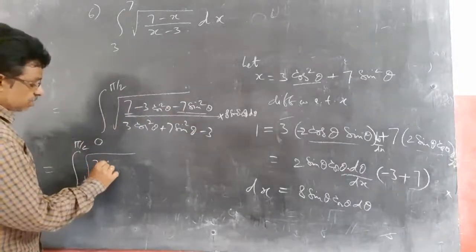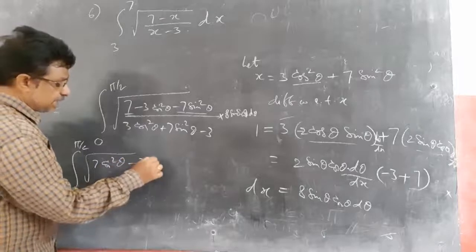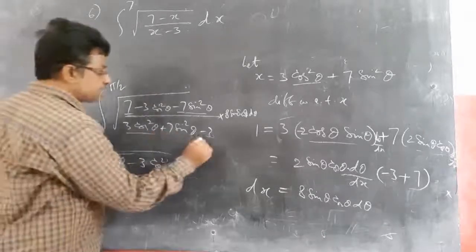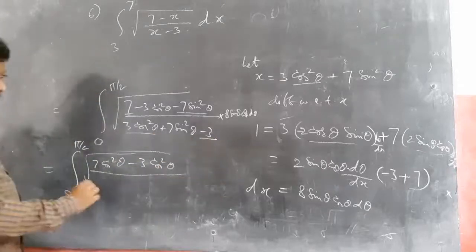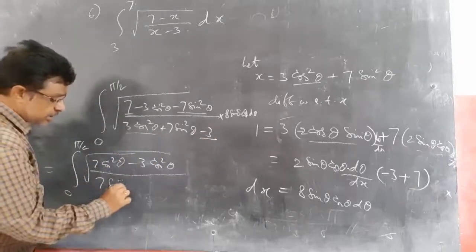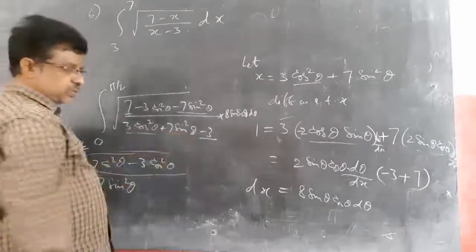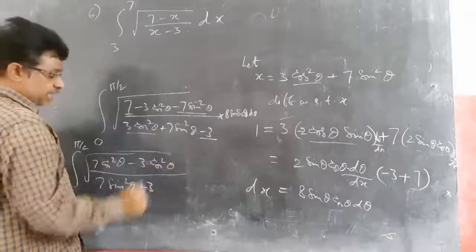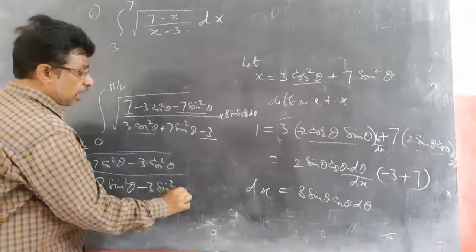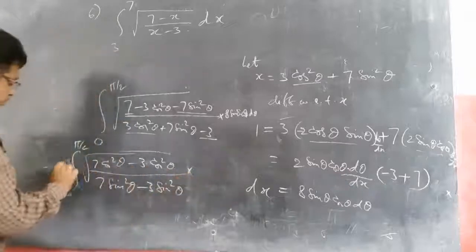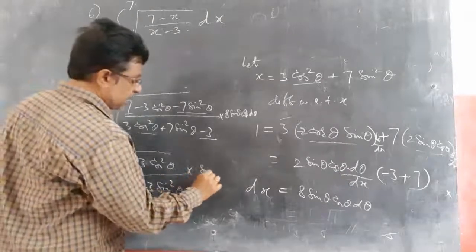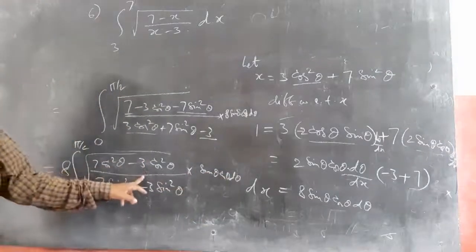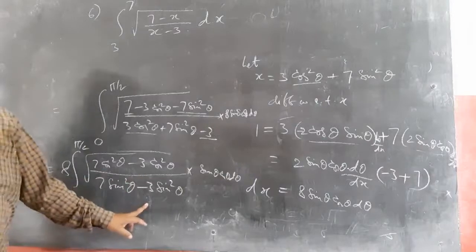So 7 cos square theta minus 3 cos square theta by, from the denominator, if you take minus 3 common from these two, 7 sin square as it is, converting cos into sin means taking minus 3 common becomes minus 3 into 1 minus cos square, which is sin square theta. Here the left out 8, I will write outside, sin theta cos theta d theta. Now this is 7 minus 3, 4 cos square theta. This is 7 minus 3, 4 sin square theta.